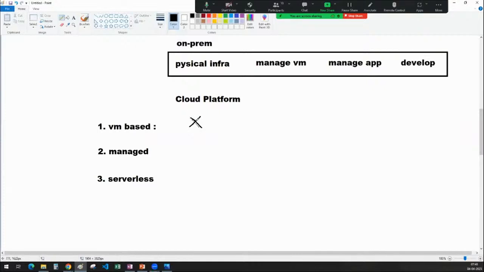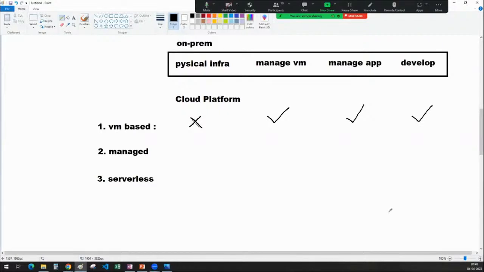In the cloud platform, you need not manage the physical infrastructure, but you have to manage your configuration for the virtual machine. You have to manage your application platform as well as development.